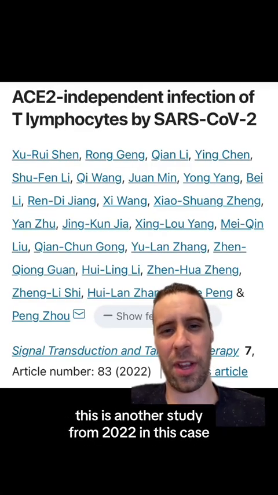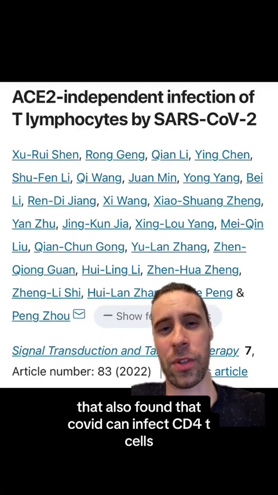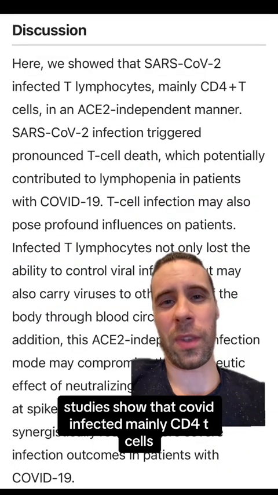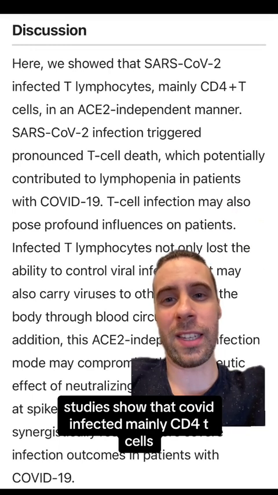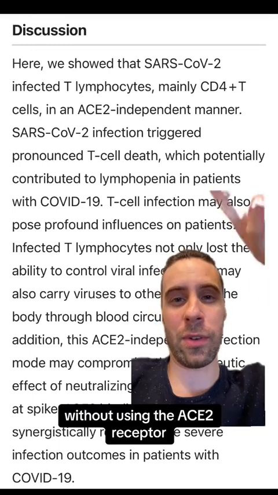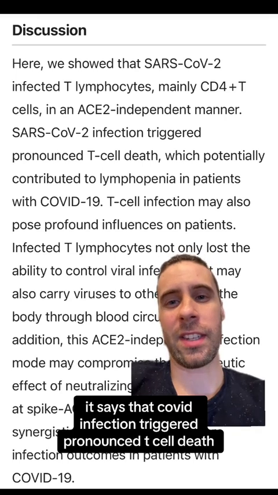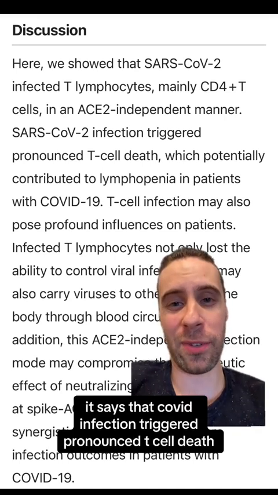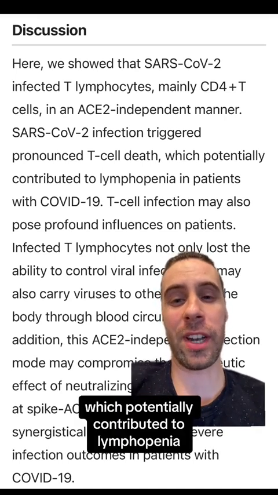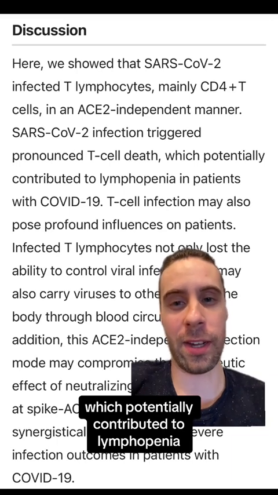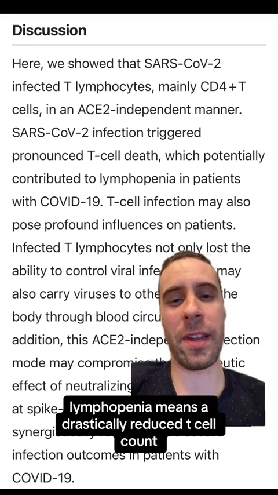This is another study, from 2022 in this case, that also found that COVID can infect CD4 T cells. The studies showed that COVID infected mainly CD4 T cells without using the ACE2 receptor that it usually uses to infect cells. It says that COVID infection triggered pronounced T cell death, which potentially contributed to lymphopenia in patients with COVID. Lymphopenia means a drastically reduced T cell count.